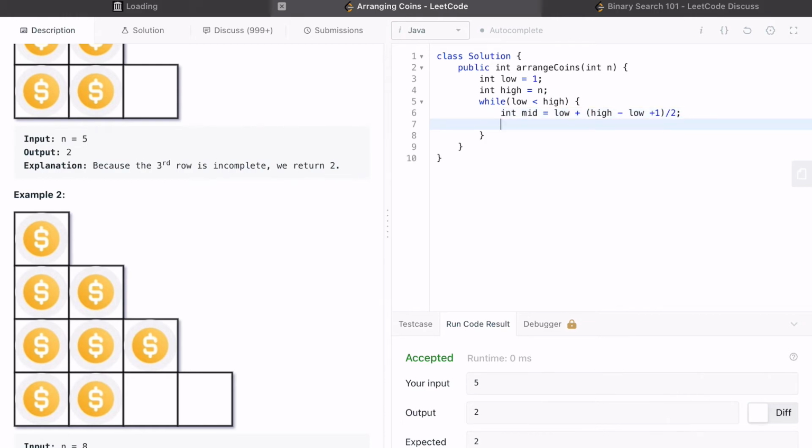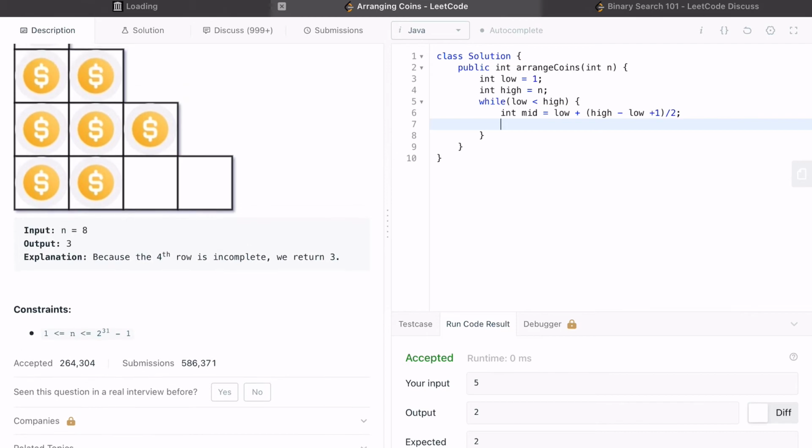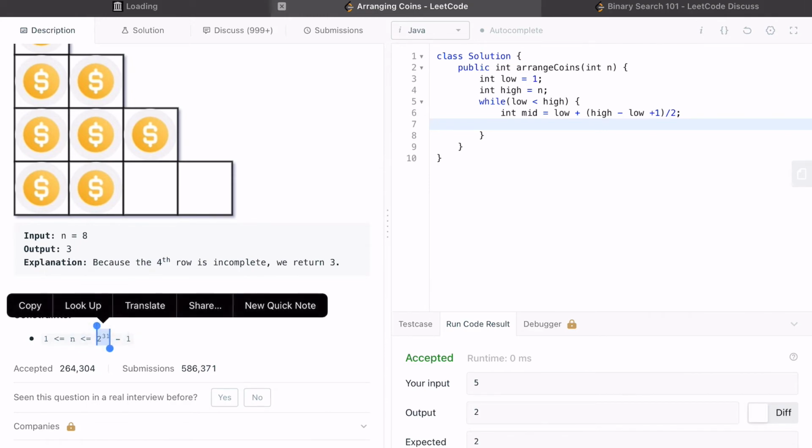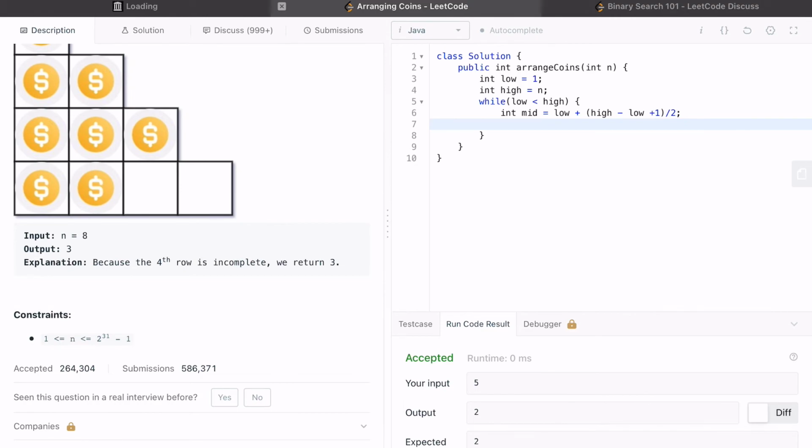If you see the constraints, you will see that n can be from 1 to 2 to the power 31. That's the largest value an integer can take. That means if you multiply mid into mid plus 1 over 2, you can get integer overflow. So I will have to use a long here.